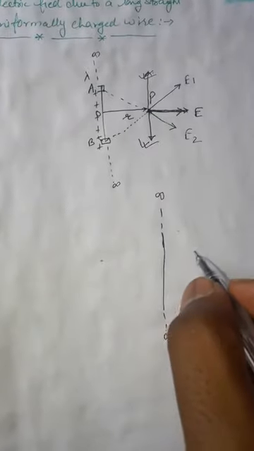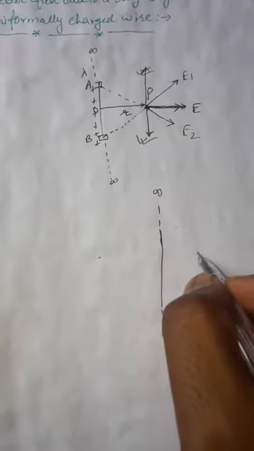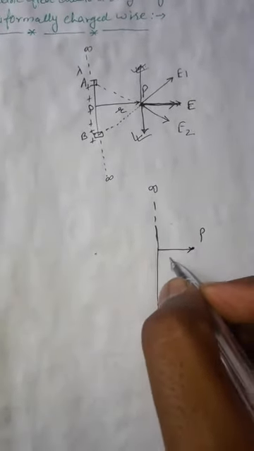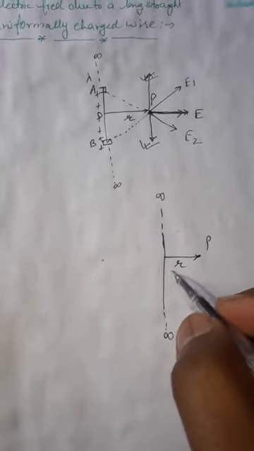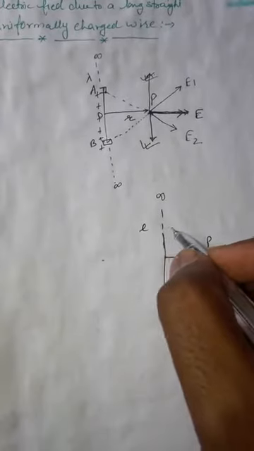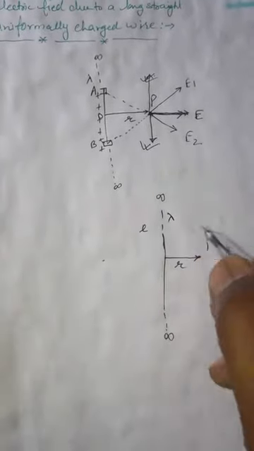So consider a point P at a distance r where the electric field is to be found. Let the length of this wire be L and its charge density be lambda.